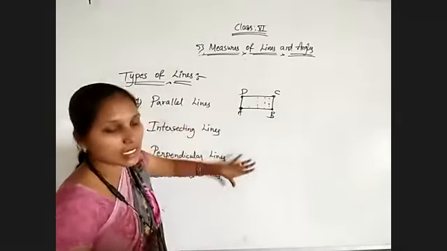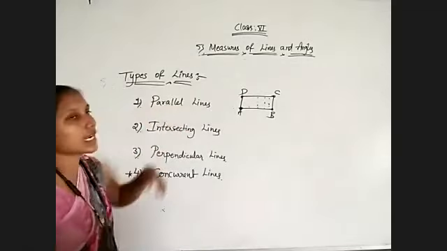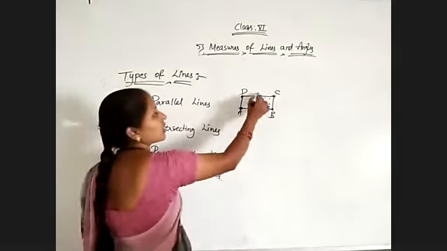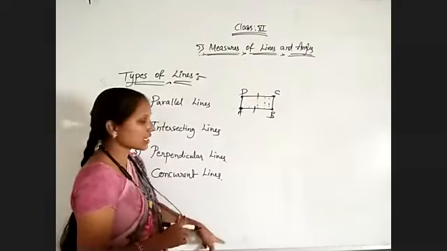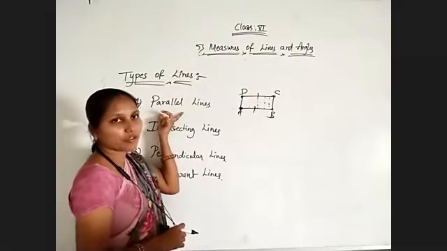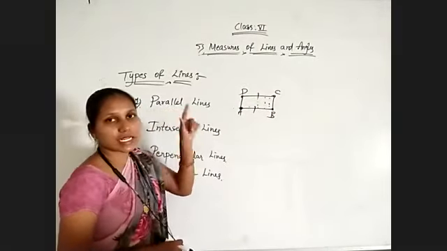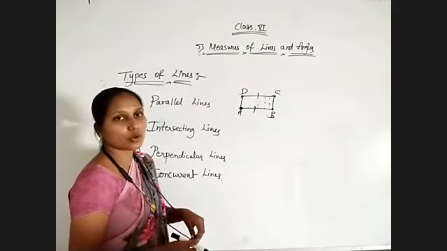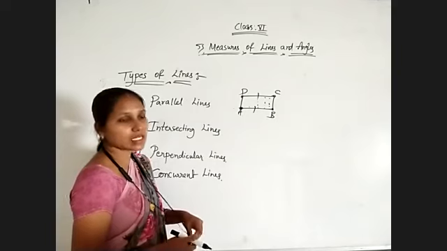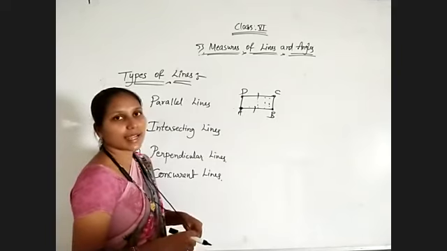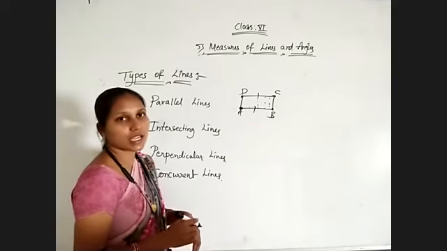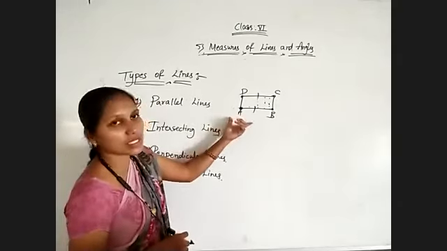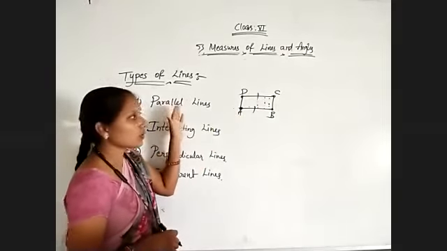The best examples are opposite sides of the board. Opposite sides of the board are an example of parallel lines. Opposite edges of a door are an example of parallel lines. Opposite edges of a table, opposite edges of a scale, all those are examples of parallel lines. So what is the condition?